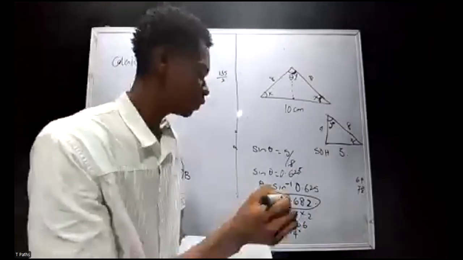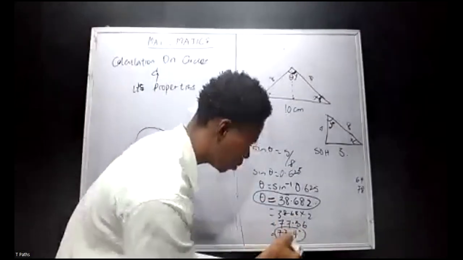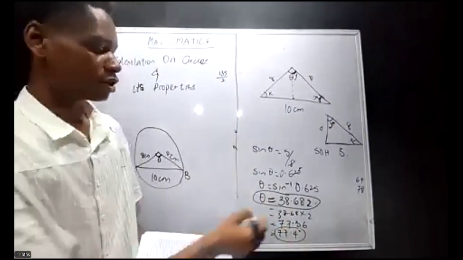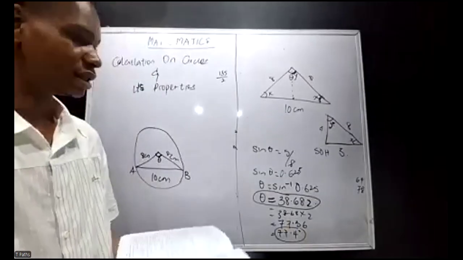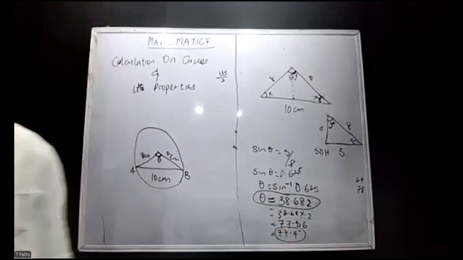So don't let that confuse you. Make sure you take your time and finish your workings, and then you get 77.4, which is the correct answer, option C. Now let's see if we work with the second method, if we'll get the same answer.